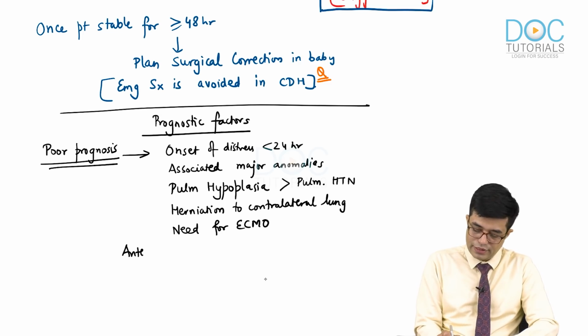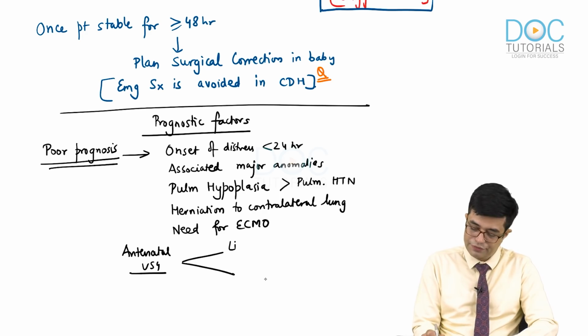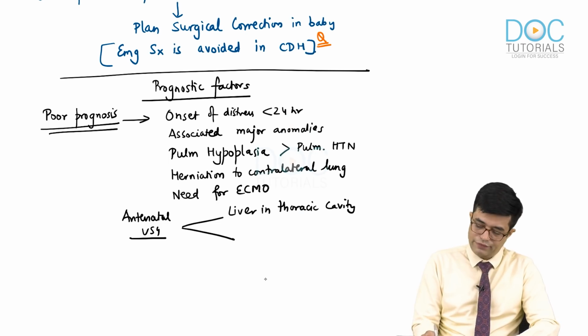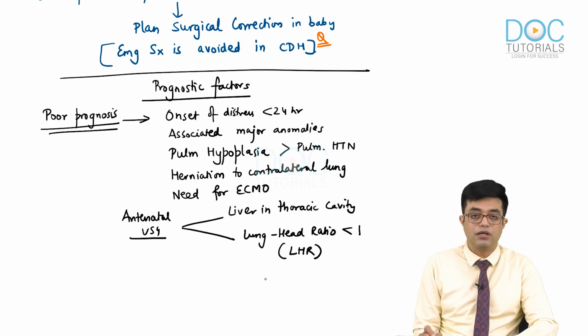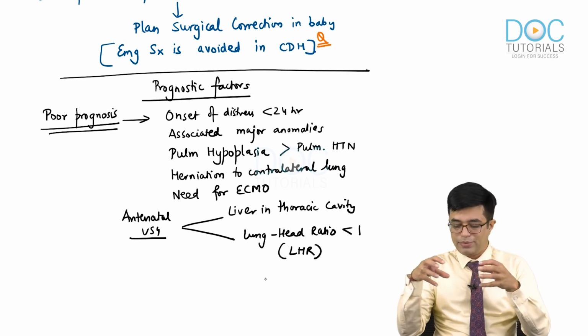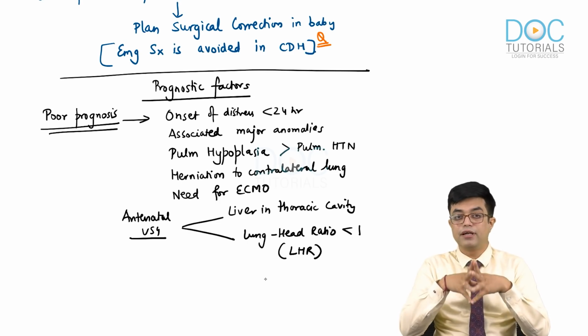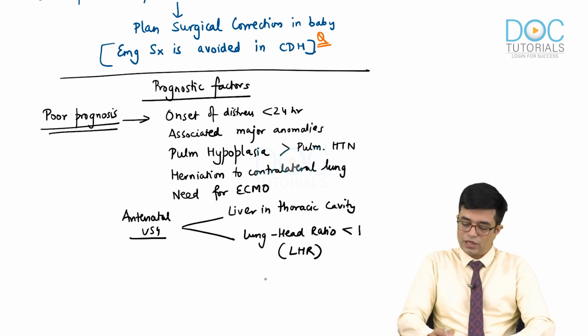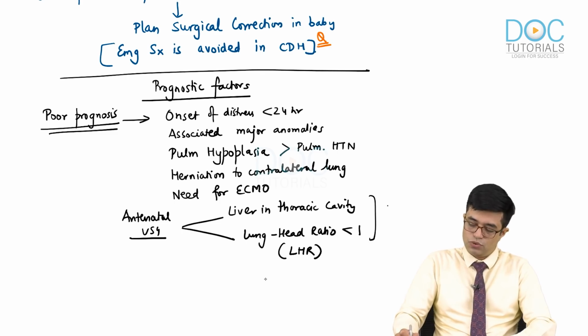On antenatal ultrasound, if you find that there is liver in the thoracic cavity, some part of the liver is herniating, or if the lung to head ratio, which we write as LHR, is less than 1, both carry a poor prognosis. We look at the size of the contralateral normal lung and take out the ratio with the fetal head.